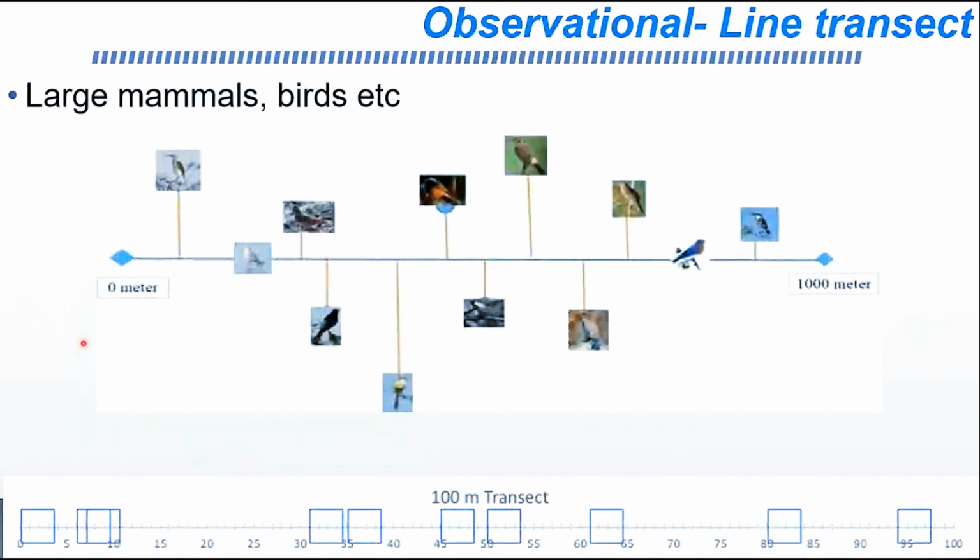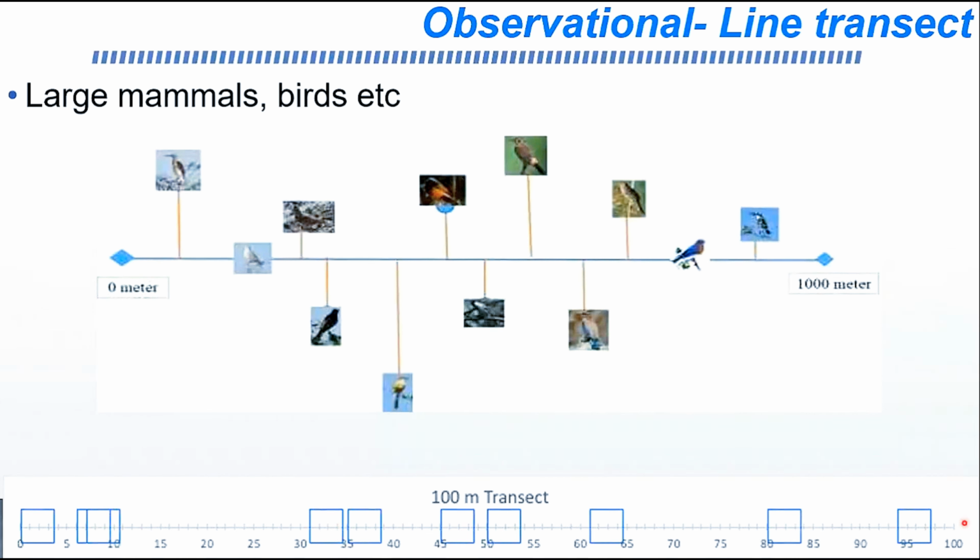So what you have to do here is you have to move from one place to the other. So what you do is you move in a line. So that is why this is called the line transect method. Especially if you are going for birds, you start from here, and you start moving from 0 meters to 100 meters.